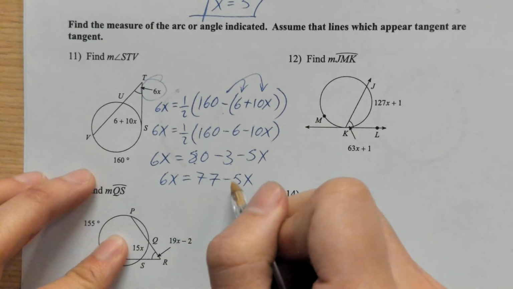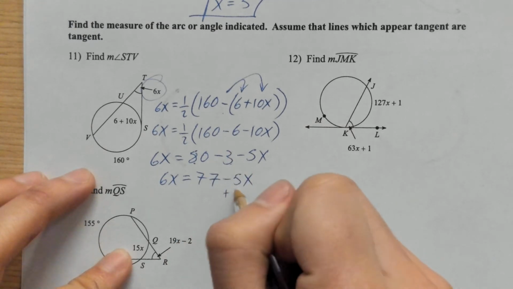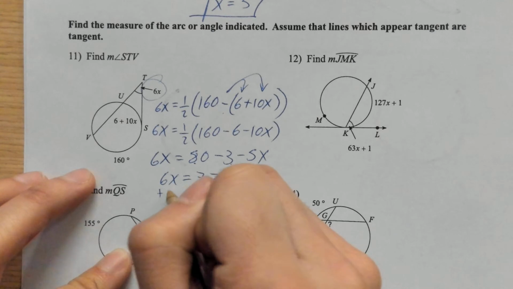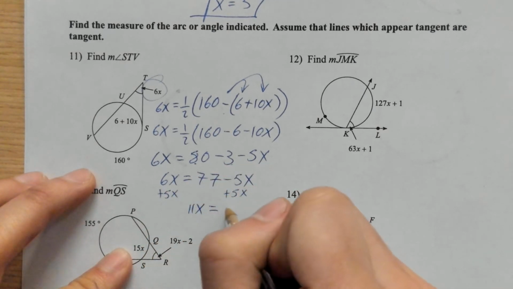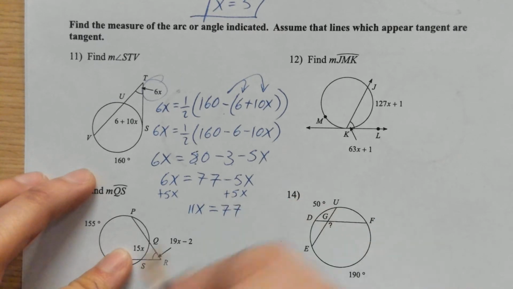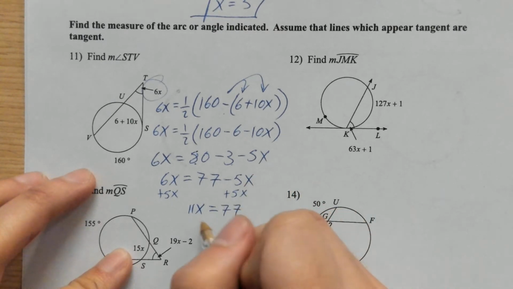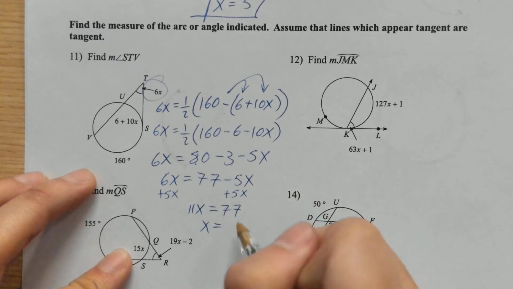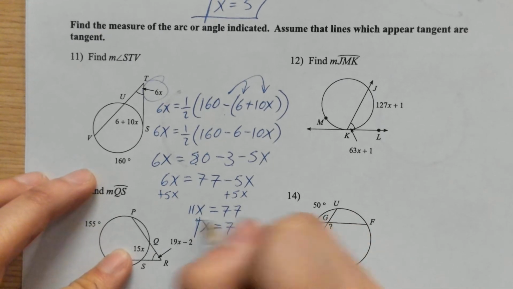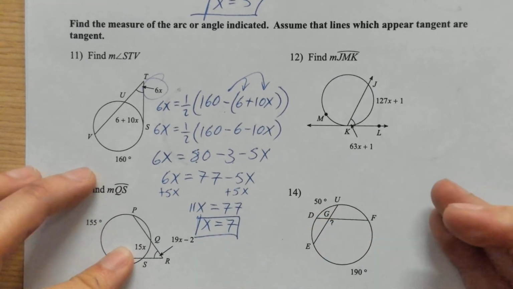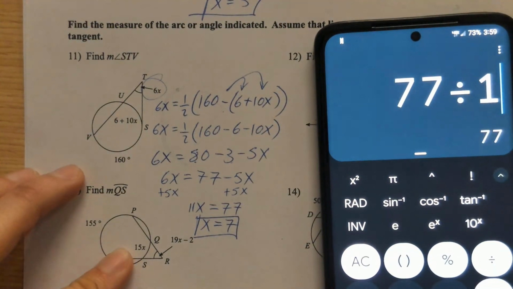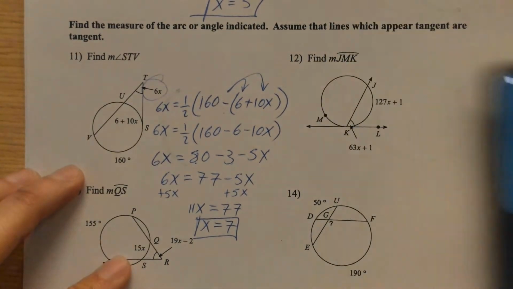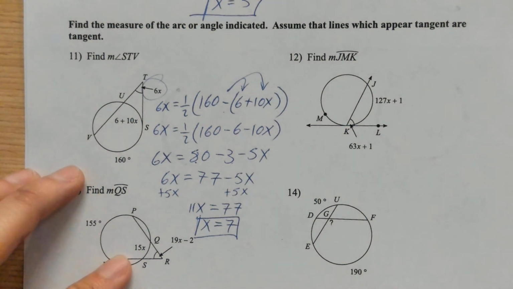Let's take all the x's to one side, so let's add 5x to both sides. So I'll get 11x equals 77. So x equals 7 after dividing both sides by 11, right? Because 77 divided by 11, it's 7. So that's the value of x.